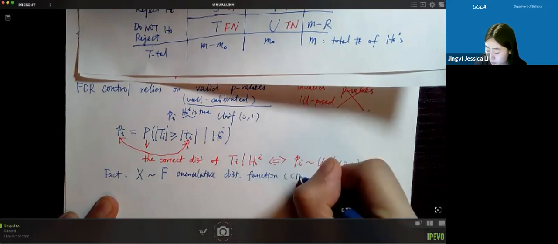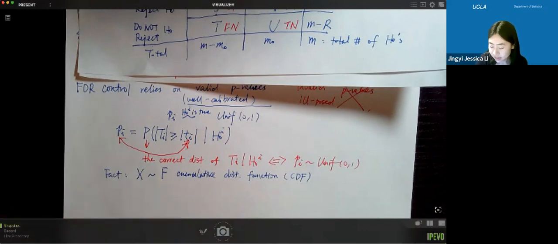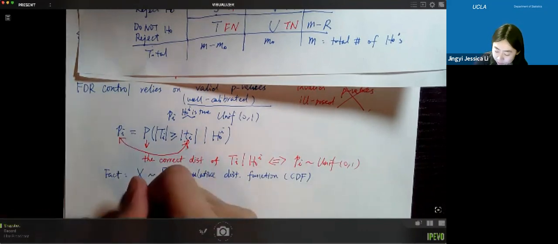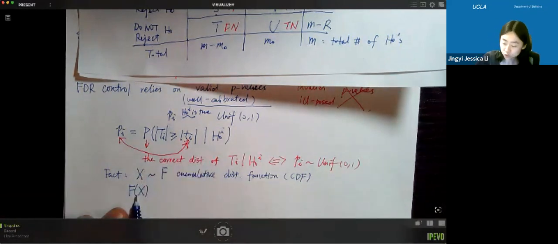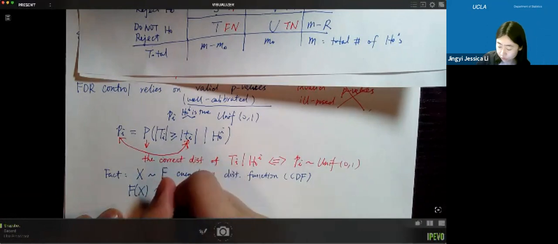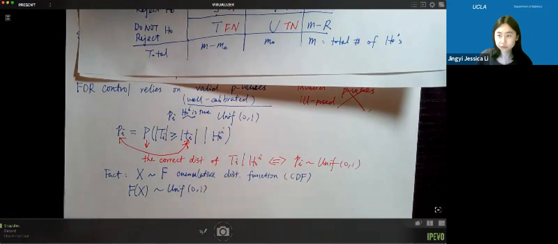This is in the probability class. If a random variable follows this, then if we apply f to this x to do the transformation, this transformation will follow uniform 0 to 1. That's just a very important fact about probability.